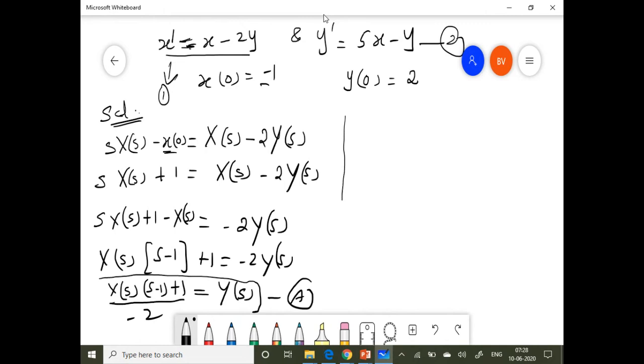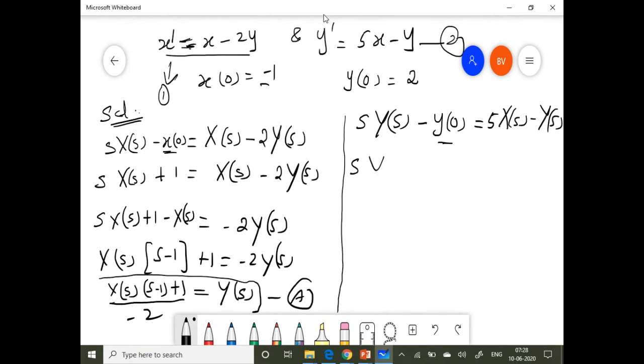Let's do the same with the second differential equation. Laplace of y prime is s times y of s minus y of 0 is equal to 5 times x of s minus y of s. Substitute the initial condition y of 0 is 2. So this is s times y of s minus 2 is equal to 5 times x of s minus y of s. Here we are going to find y of s. So club them together, y of s.